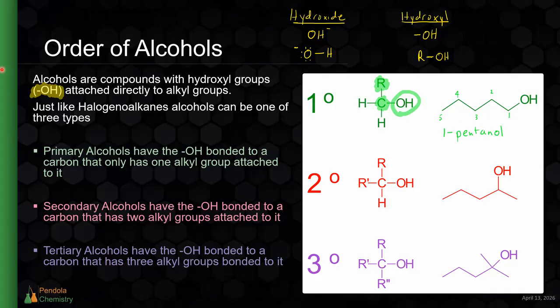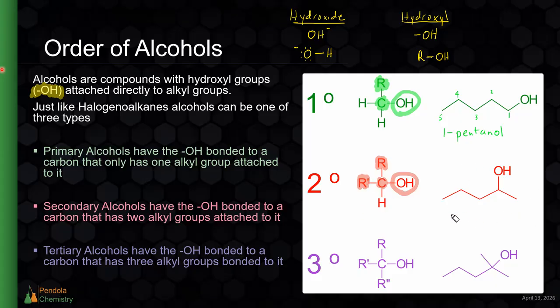A secondary alcohol is going to have that OH bonded to a carbon that has two alkyl groups or two carbon chains bonded to it. So we can see that here where this hydroxyl group right here, OH, is bonded to a carbon that has not just one carbon chain, but a second carbon chain bonded to it.